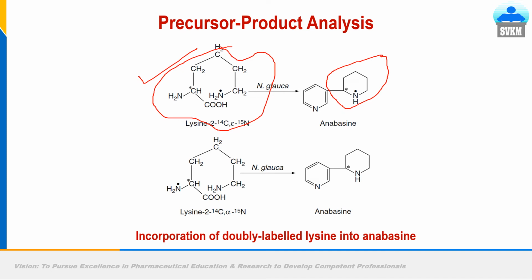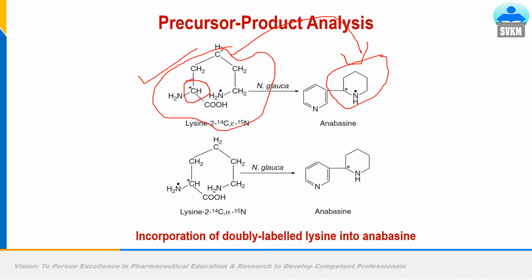So we have to study what type of nitrogen is coming from this ring to this ring. This is our lysine, the presumed precursor. This particular carbon will be replaced by the isotope of carbon, that is radiolabeled carbon.